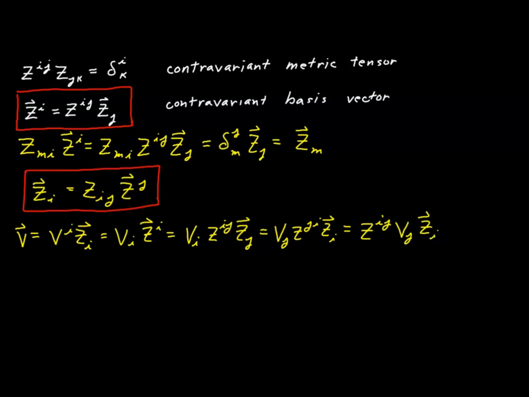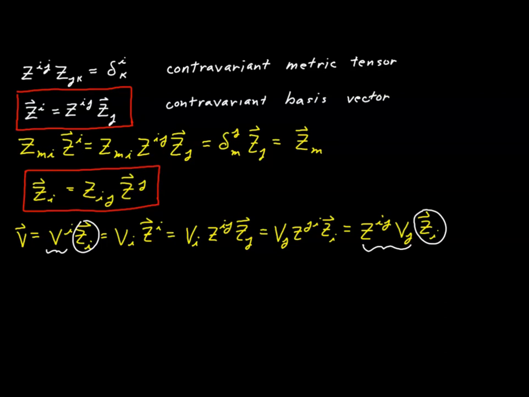Now at first it looks like I'm just doing operations at random, but not really, because I've now manipulated it so this factor is the same as this one, which means that this scalar component out front must be exactly equal to this expression right here.